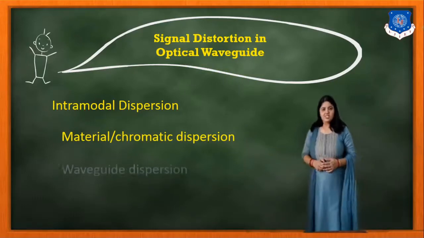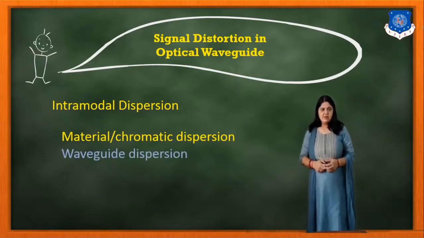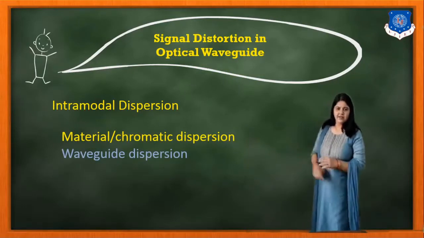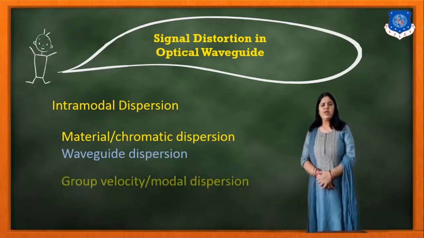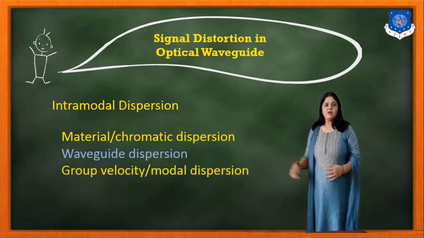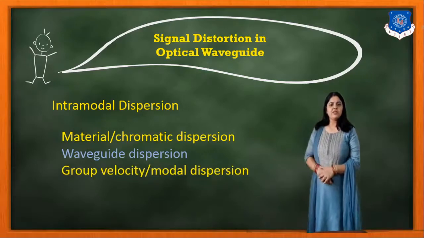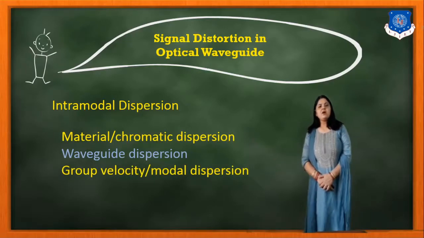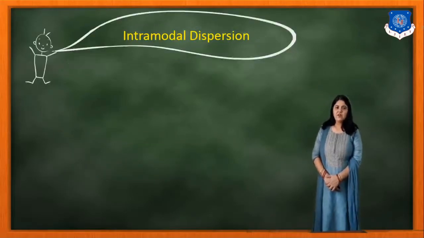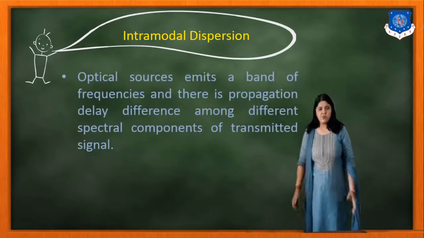Intramodal dispersion is also classified into various categories. They are the material or the chromatic dispersion, and another one is the waveguide dispersion. The group velocity is also referred to as modal dispersion. Now what is intramodal dispersion?